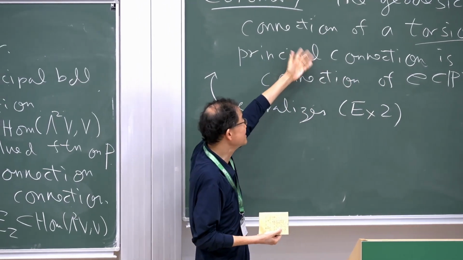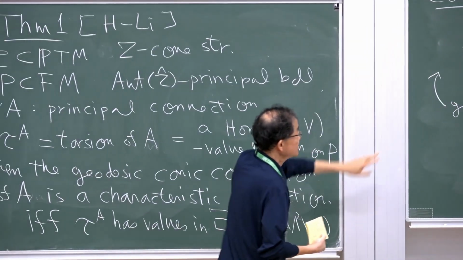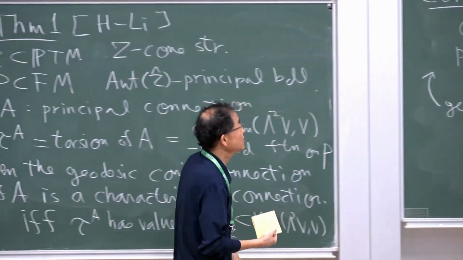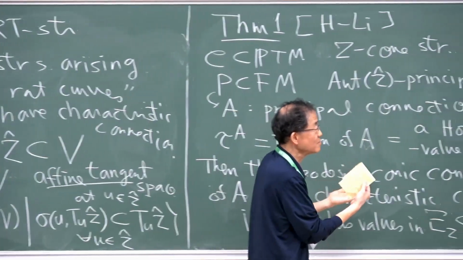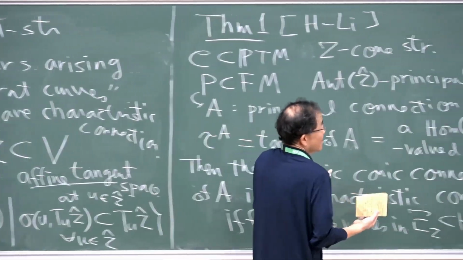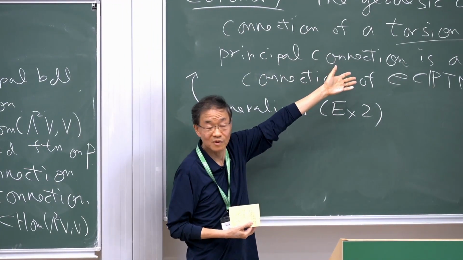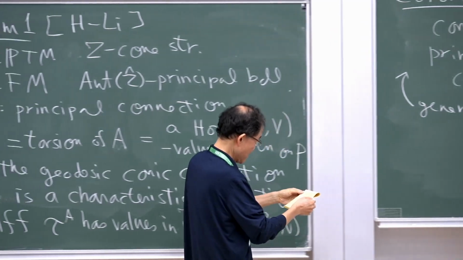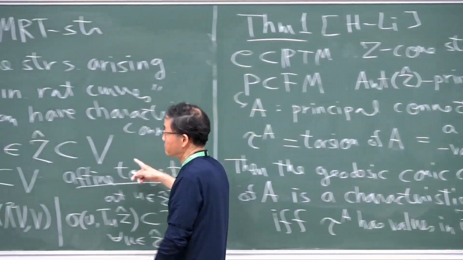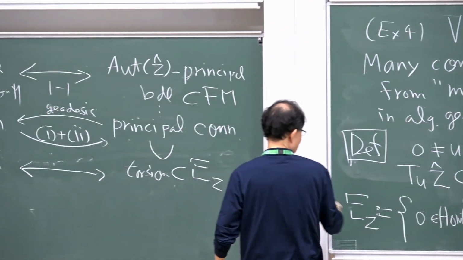So the associated conic connection is a characteristic connection. So that's generalized. But you will see that there are many characteristic connections which do not come from a torsion-free connection, because this space is much bigger than 0.